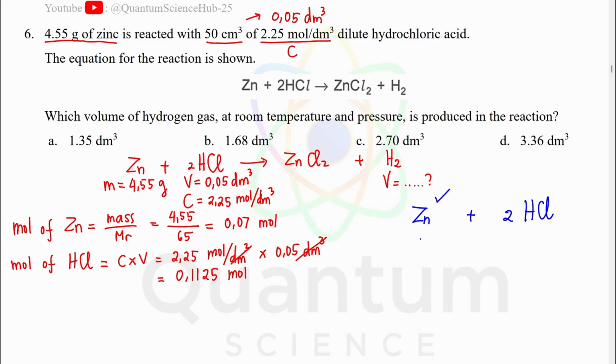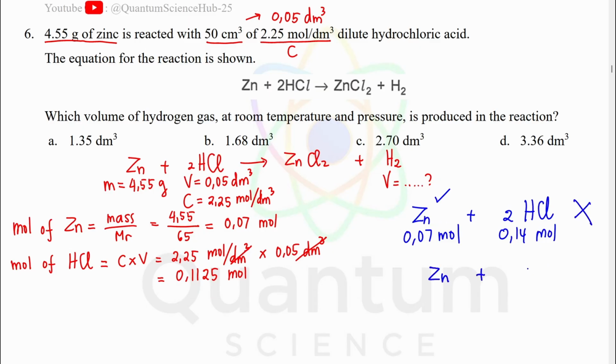So if I have zinc which is 0.07 mole, so that means the mole of HCl is 2 times 0.07, which is 0.14 mole. But I only have 0.1125 mole, which is not enough. So that means I cannot use zinc as the reference. Okay, so this cannot work.